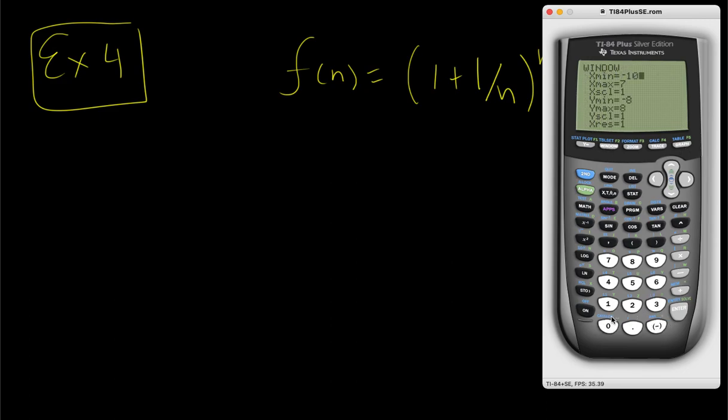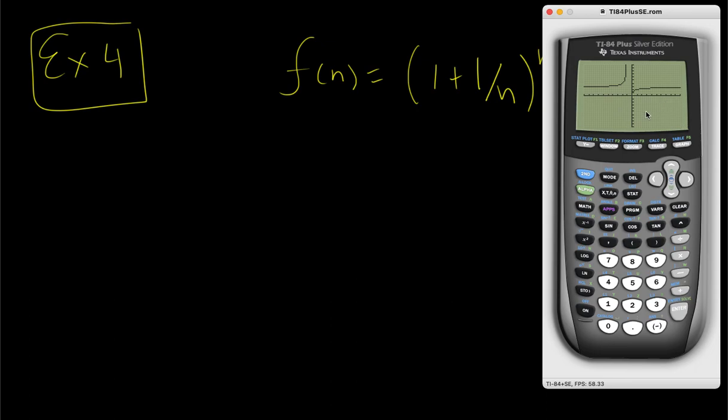So I'm going back to that default window. Now we see this part in the negative. We don't really care about that for what it's asking because it wants to know for large values of x, which means positive, like as it goes to positive infinity, what is it doing?